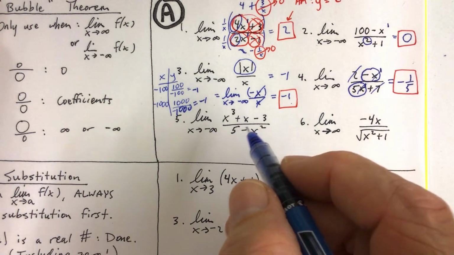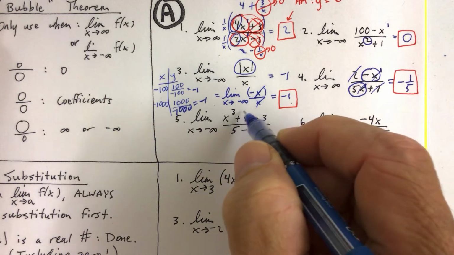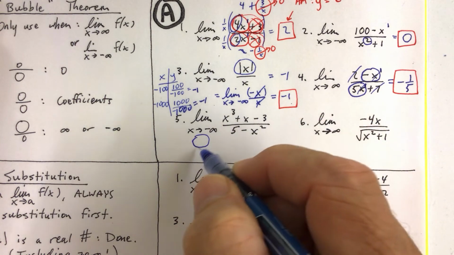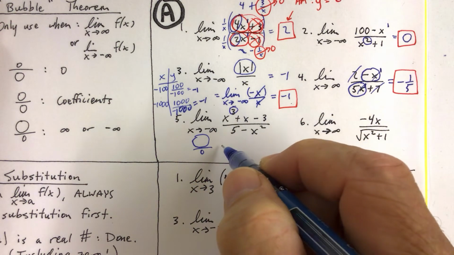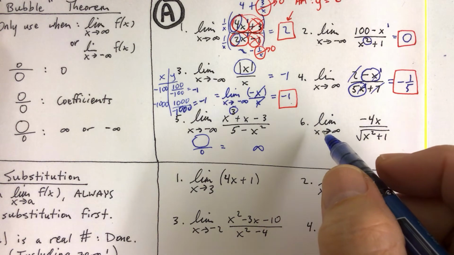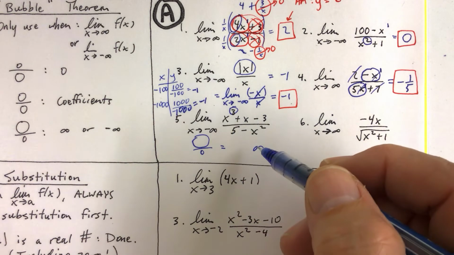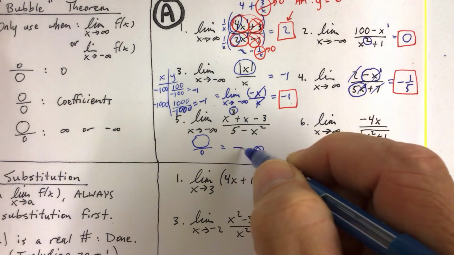And then for number 5, the bigger bubble is on top, so the numerator has a higher degree, 3, than the denominator. And so we know for sure that the value of the function is either going towards positive or negative infinity. And so all we have to do is figure out the sign.